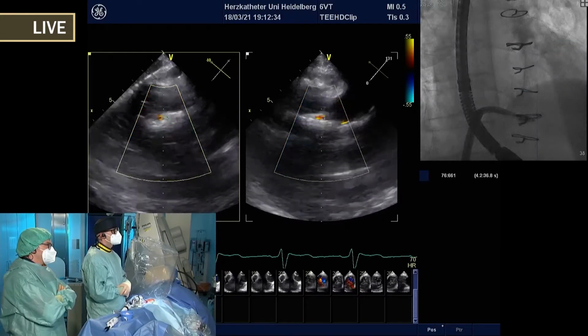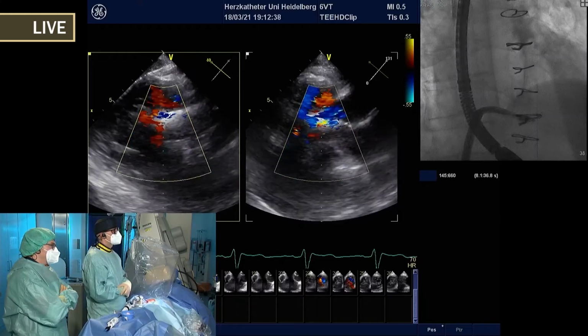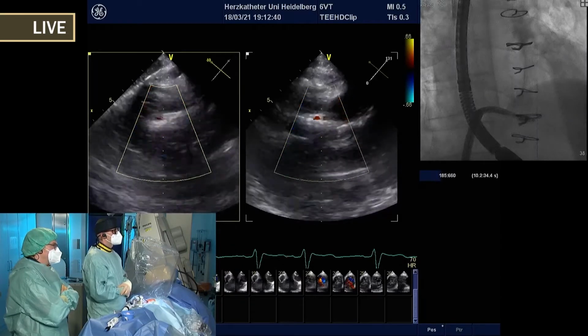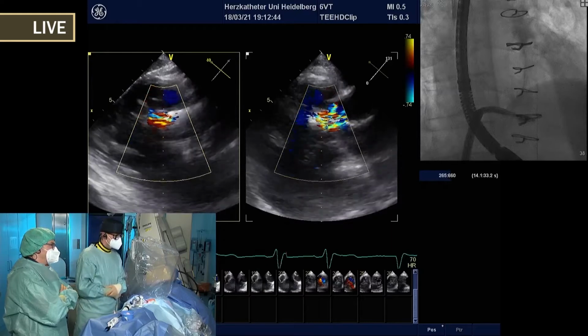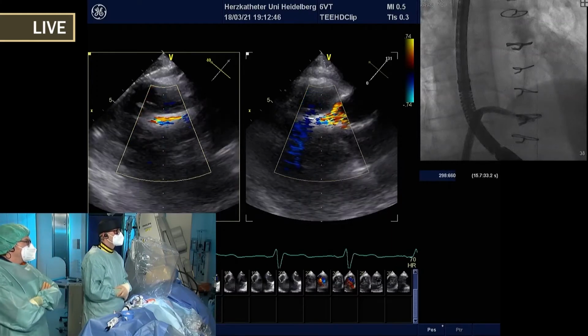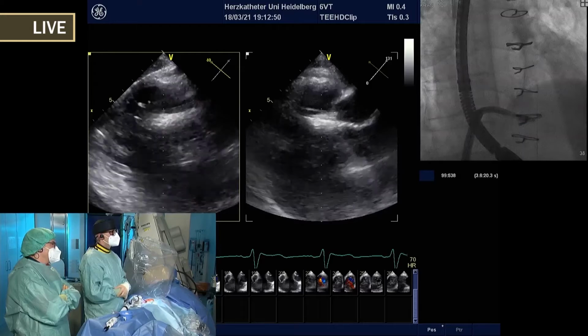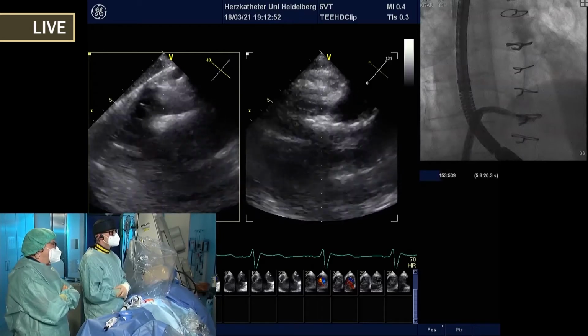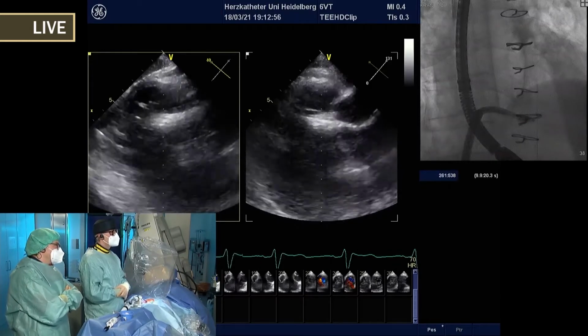So far, I think from what I can see, we had a comparatively good grasp. Anyway, I would recommend to have a look at this from the inflow-outflow view in the capture-ready position, and to see how much of the leaflets is on the clip and on the PASCAL.